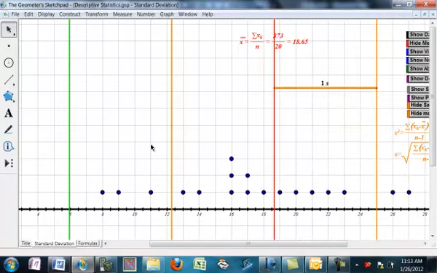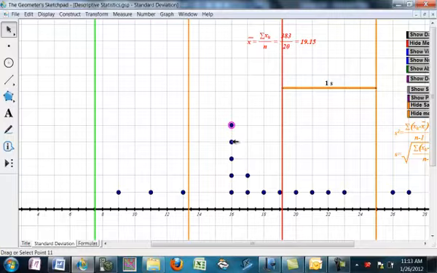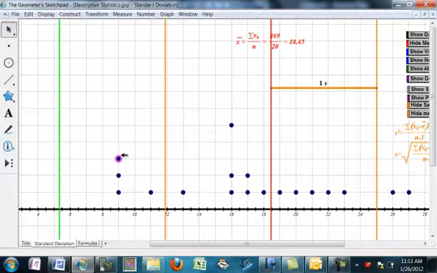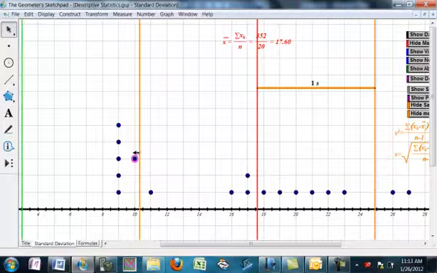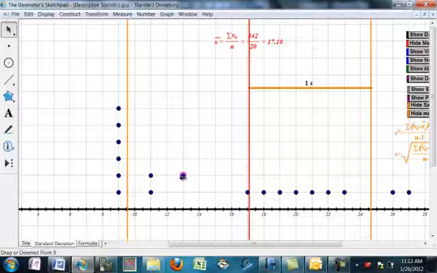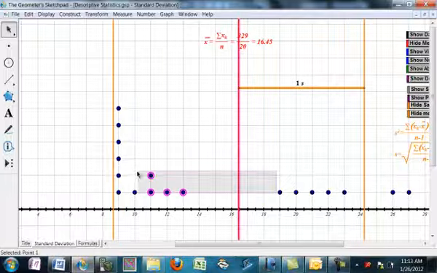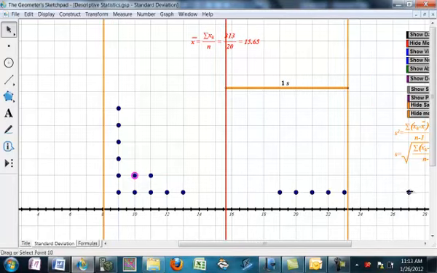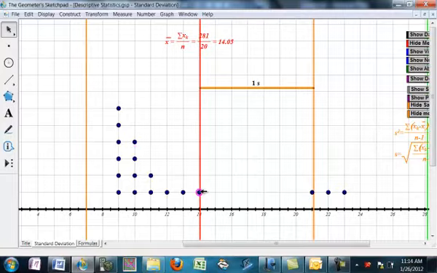Okay, let's experiment a little bit more. What if we make this, let's do it like this. We're going to stack a lot of points on one end, and then we're going to have a few points spread way out. So most of the points are going to be close together.